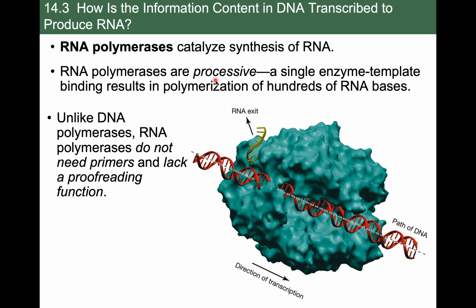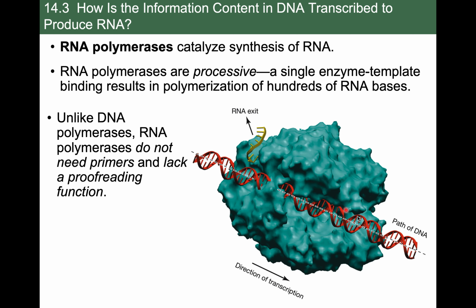RNA polymerase is processive. We talked about DNA polymerase having that characteristic too. It can work really, really quickly, but unlike DNA polymerase, RNA polymerase doesn't proofread itself. So it's going to make a lot more mistakes while it's producing this RNA copy. But really, your cell doesn't have to worry about that because RNAs are very unstable and they're just not going to hang around very long.